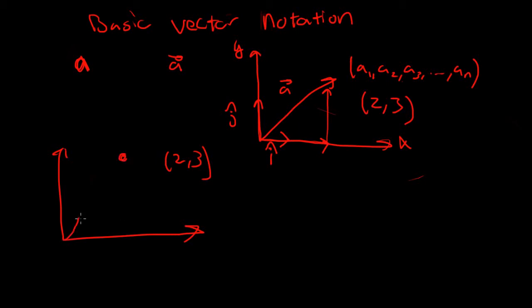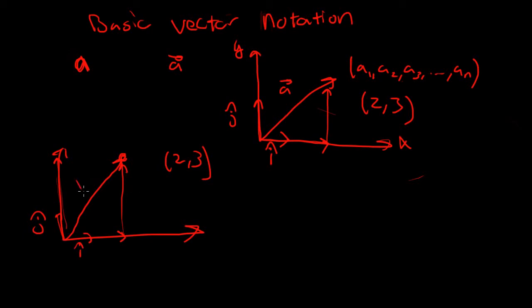We get something that looks like that. And now we want to represent it in terms of these vectors here, i and j. How do we do that? Well, we have i, we multiply it by 2, and then we get this vector here, and then we have j, we multiply it by 3, we get this vector here, and when we add those two together, we get our total vector.